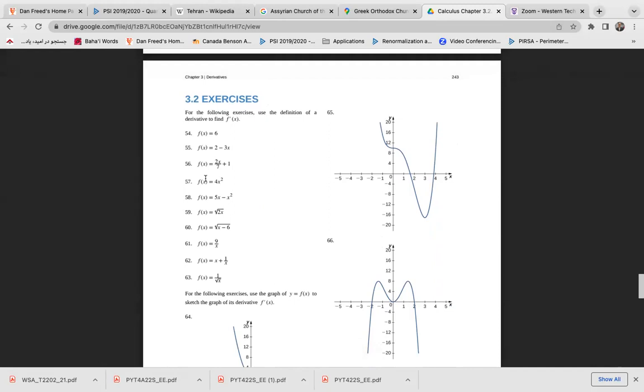So please do numbers 54, 56, 58, 62, and 63.